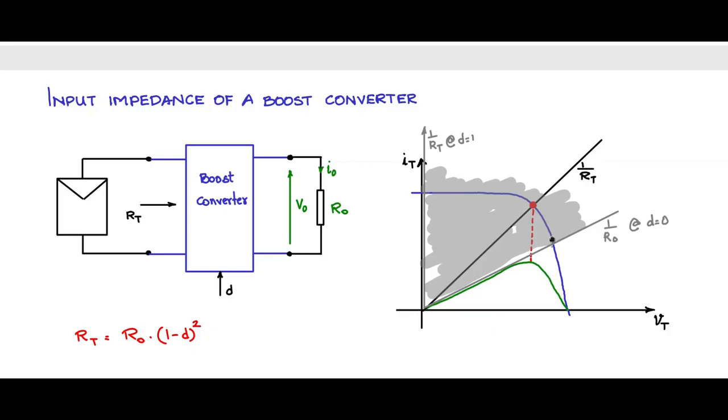And if I drop down a vertical from the limiting load line down here, you will see that these are all the power points that are accessible. So in the boost converter operation, these are the operating points that are reachable by the boost converter. Any of these operating points can be reached. However, these operating points here, which I am showing with the mouse cursor, are not reachable by the boost converter.